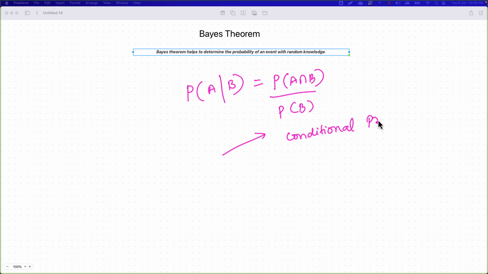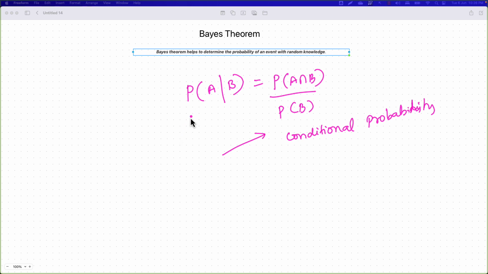Now in this scenario of conditional probability, what I'm trying to find is, if I have two events, A and B, and let us assume that there is a chance that both the events can occur together.